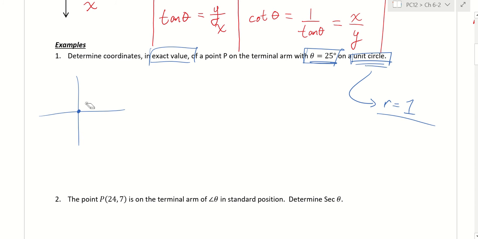Okay, so determine the exact coordinates of point P on the terminal arm with an angle of 25 degrees. So we can draw 25 degrees. 25 degrees is roughly here. What's the associated terminal arm? The associated terminal arm will be something like that. So this terminal arm, in principle, really goes forever, right?